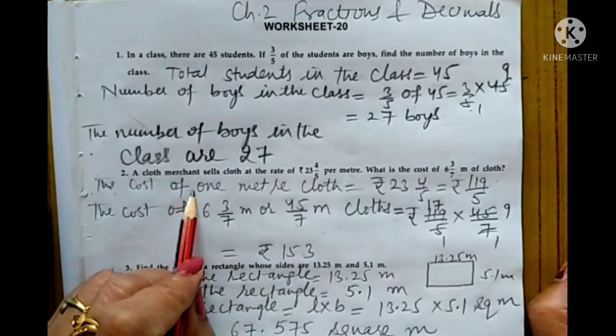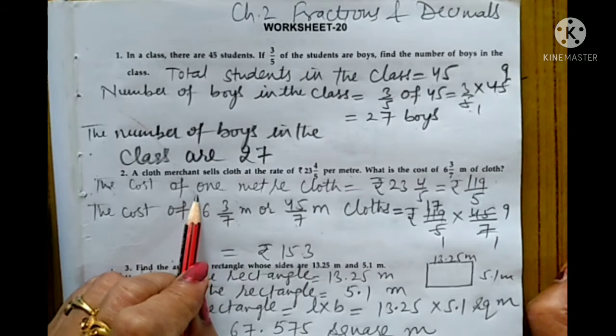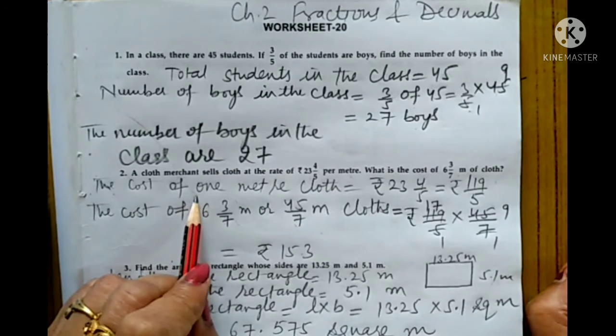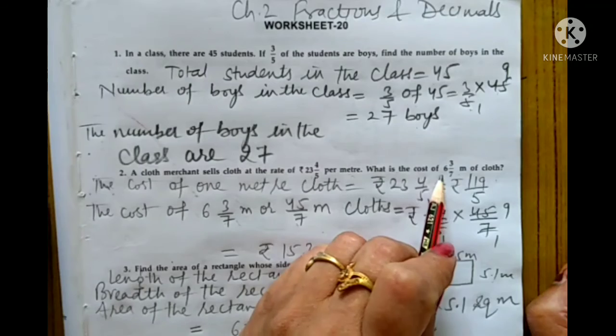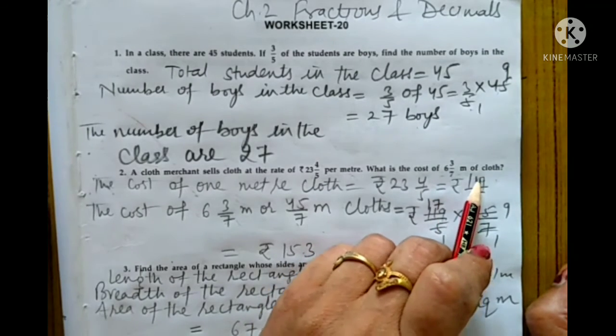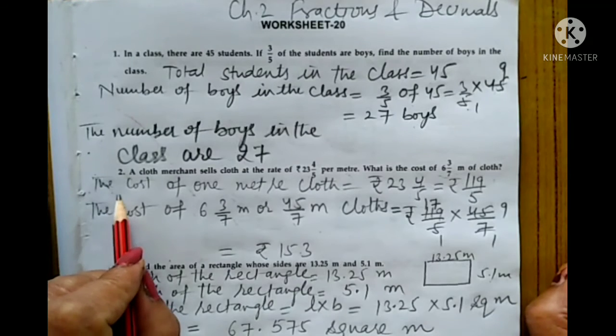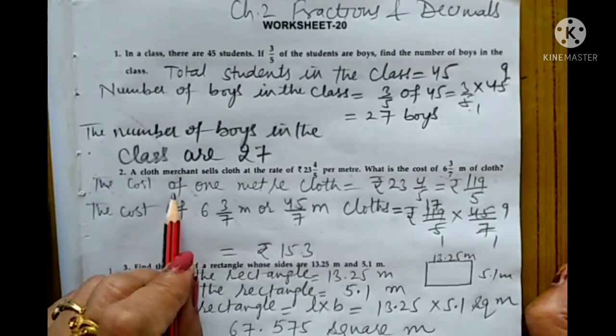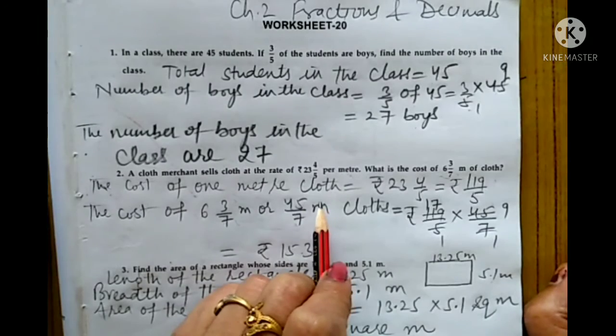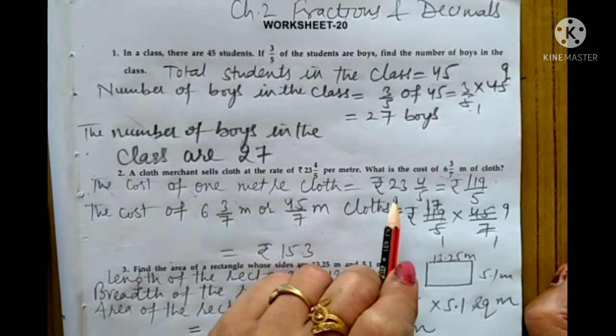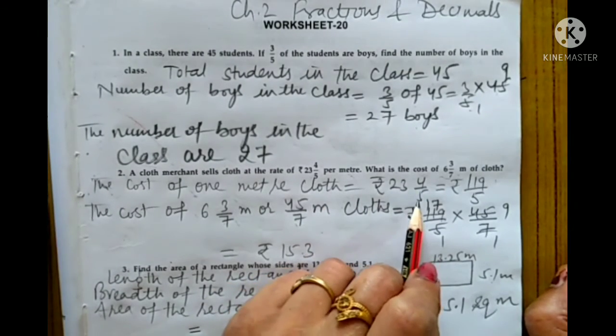When we are given the cost of 1 meter and we are asked to find the cost of more meters of cloth, in that case we multiply. So here we will write the language part. The cost of 1 meter of cloth is equal to rupees 23 whole 4 upon 5.